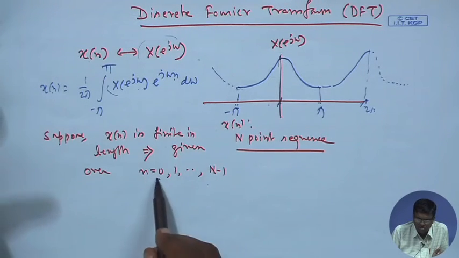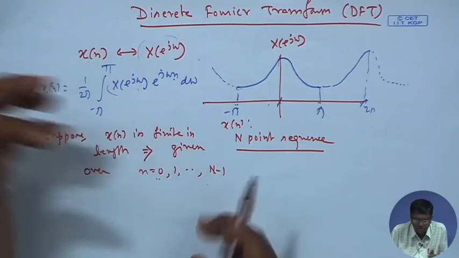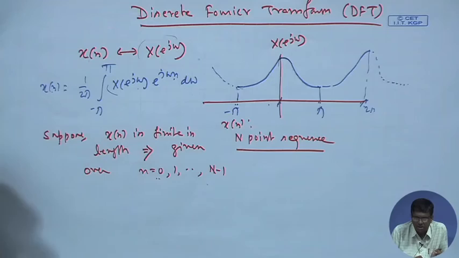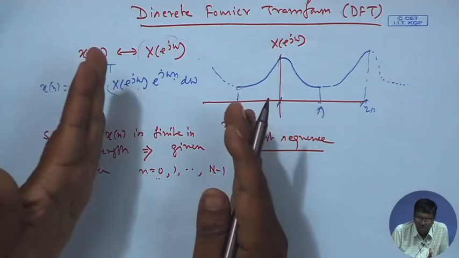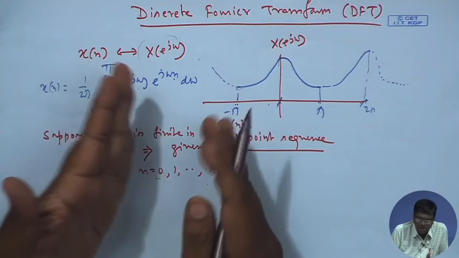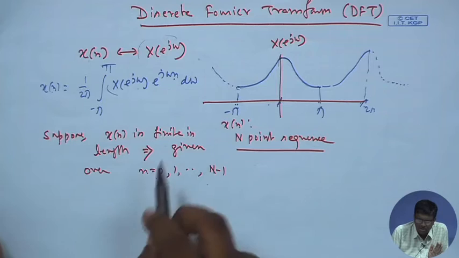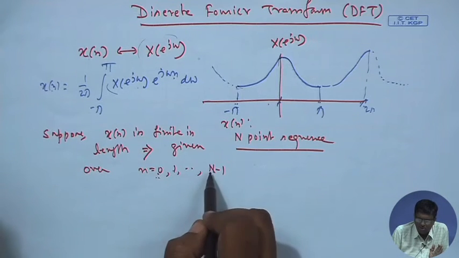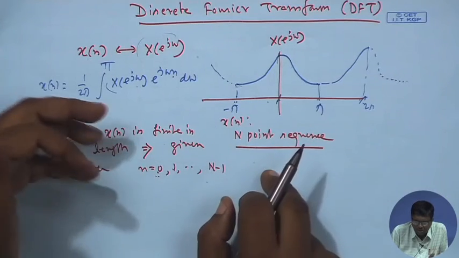Outside that window from 0 to capital N minus 1, it is all 0. Within this window only you have got non-zero values of x[n]. Suppose x[n] is given to be of that kind, it is not infinitely long, it is only finitely long over this region 0 to capital N minus 1 for some capital N. So, length is capital N, we are counting from 0, 0, 1 up to N minus 1. So, total length is capital N points, we call it N-point sequence.